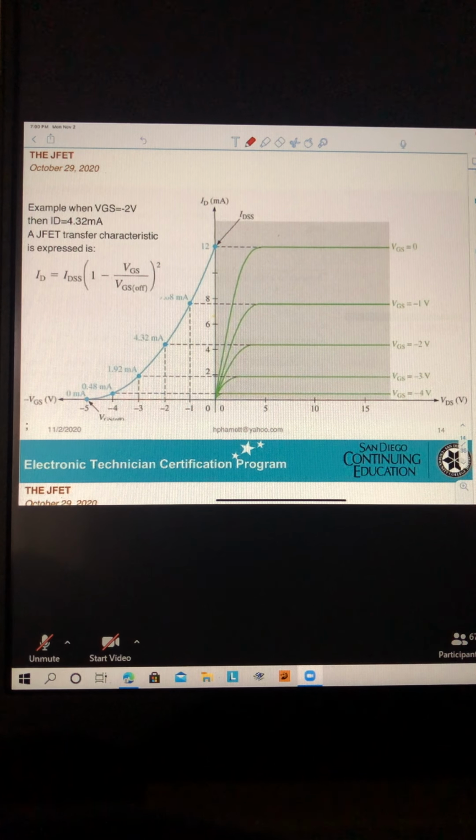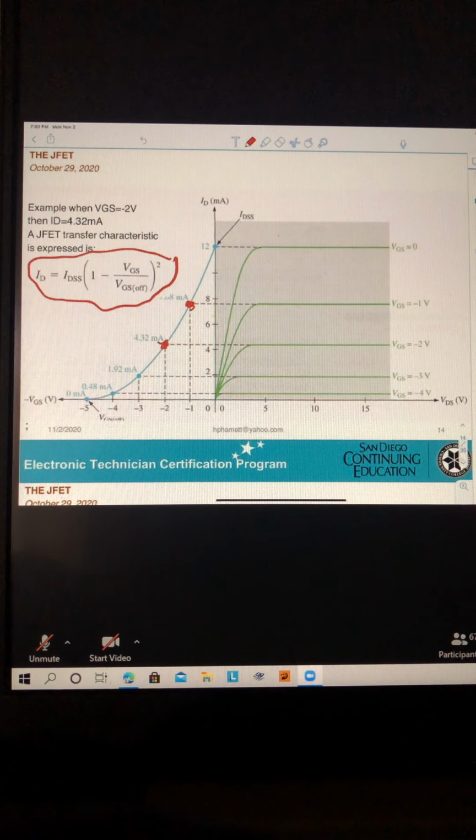This curve here is calculated by this formula. This is the formula to calculate ID at any point, any Q point: ID equals IDSS times (1 minus VGS divided by VGS off) squared.